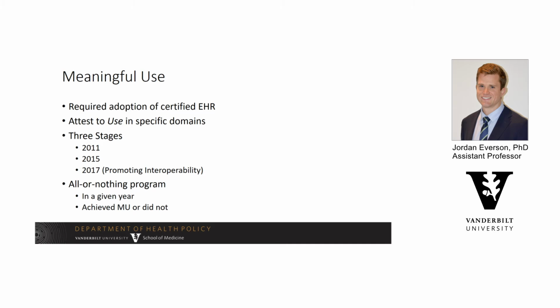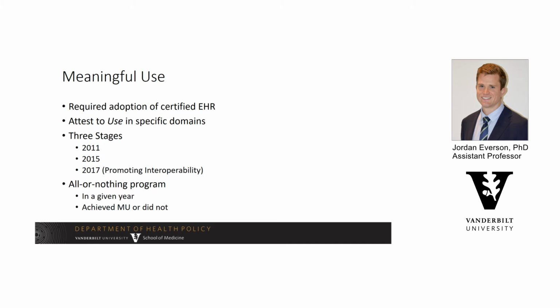And I'll give you a few examples of those in a moment. The difficulty of achieving meaningful use changed over time. So there were 3 stages of meaningful use in 2011, 2014 for some providers, and 2015. In 2017, the program was renamed to Promoting Interoperability, reflecting a shift in priorities.